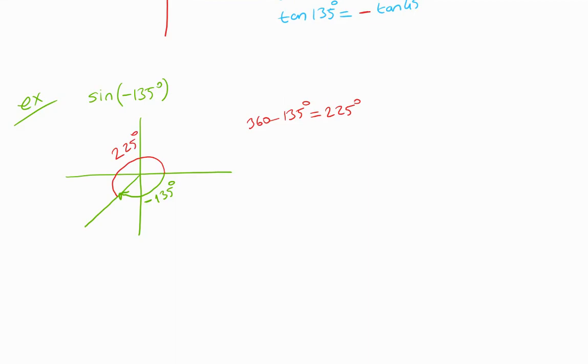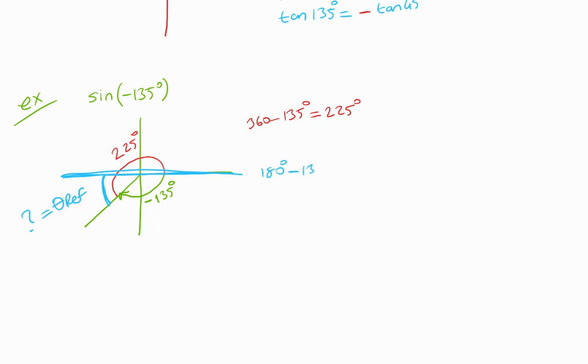But we said for the reference angle, we will use the closest x-axis. So this is my reference angle, the blue one. What is this blue part? I can find it from here actually, from this total of 180, right?